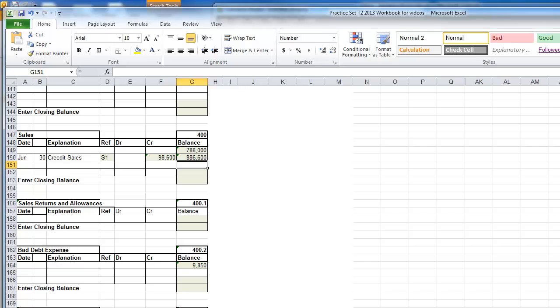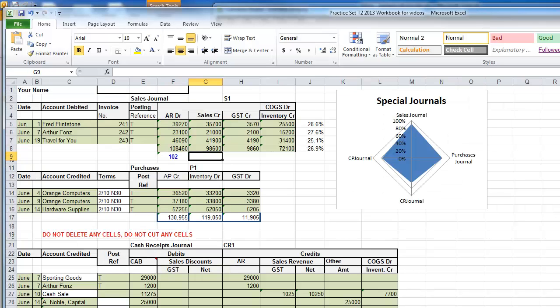So an alternate to having the sales, returns and allowances column would be to go straight into this account and take it out of sales. Now this is account 400, special journals, 400. So these won't go green when you put them in, and actually they'll go blue no matter what number you write in. But hopefully you'll see your points going up.